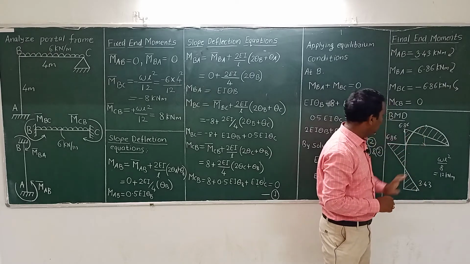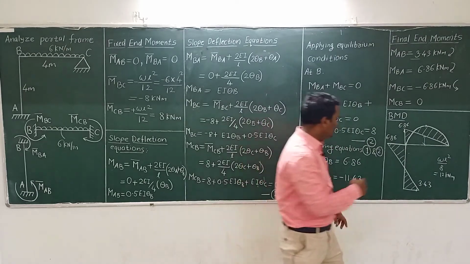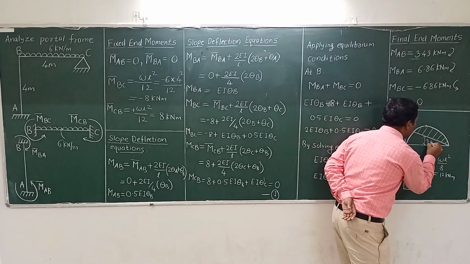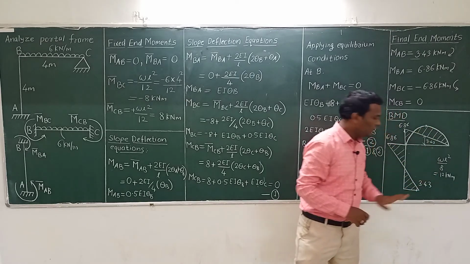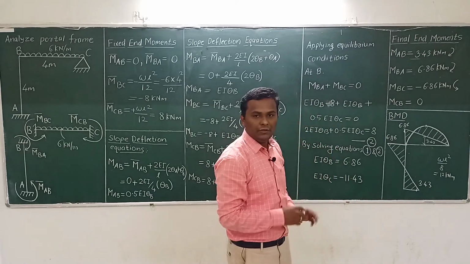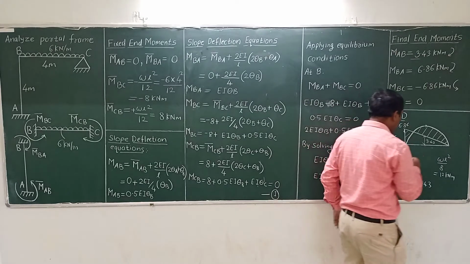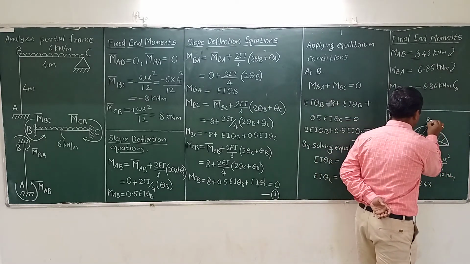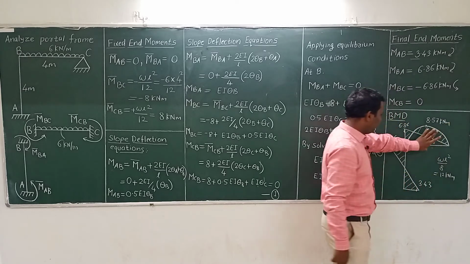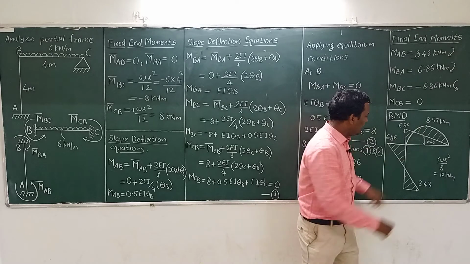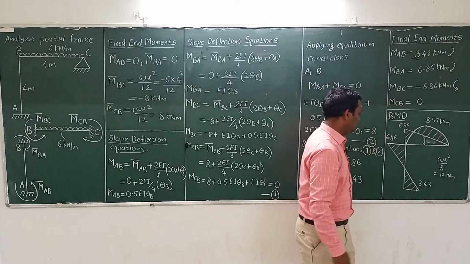So at this height you have to calculate the height of this particular triangle. So here this is 3.43. Now when you subtract this 3.43 from the total, which is 12, finally we get the answer as 8.57 kilonewton meter.